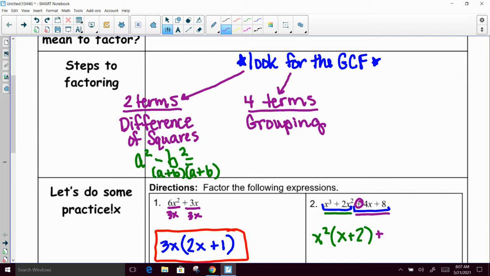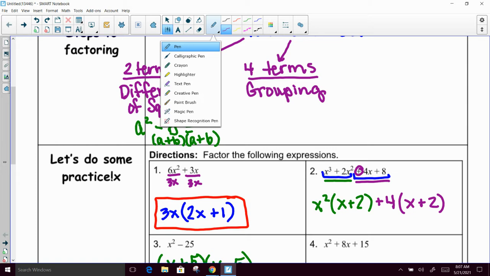What is the greatest common factor of 4x plus 8? What are they both divisible by? 4. What do I take times a positive 4 to get a positive 4x? x. And what do I take times a positive 4 to get a positive 8? 2.